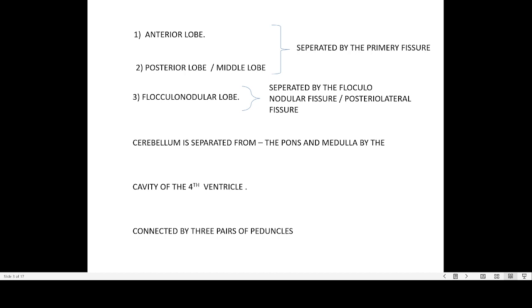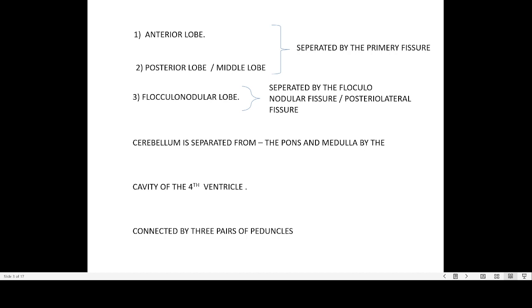The posterior lobe is also called the middle lobe. The anterior lobe and posterior lobe are separated by the primary fissure, which is V shaped.